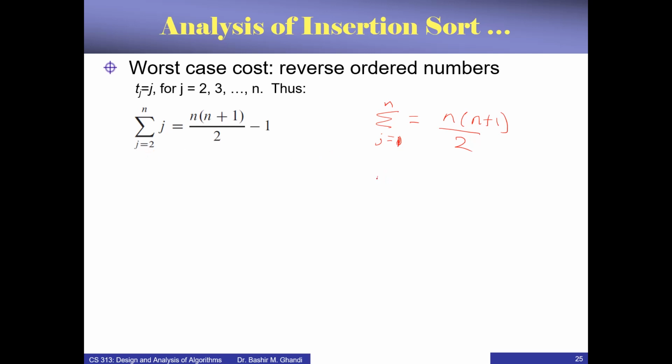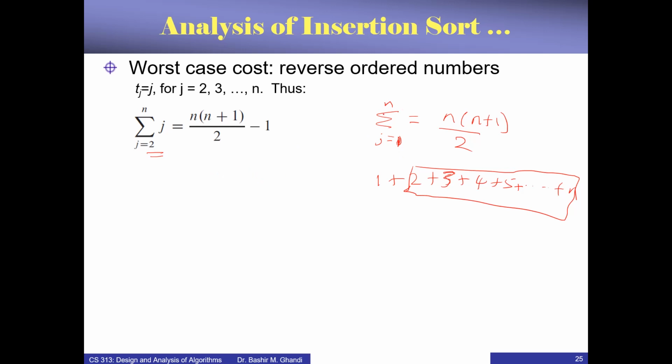So basically, instead of saying 1 plus 2 plus 3 plus 4 plus 5 and so on until n, we are now saying start from 2. Okay, the summation is from 2.